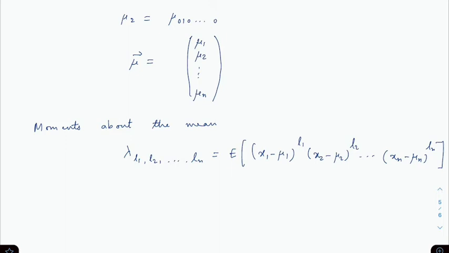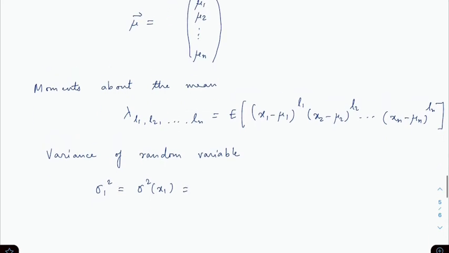Now from these moments about the mean, or the central moments, we can compute quantities such as the variances. So for example, if we are interested in the variance of the random variable x1, so sigma 1 squared, then from the above formula it can be identified as lambda 2 0 0 0. This is just the expectation value of x1 minus mu1 squared, whereas for all the other variables the power is 0.